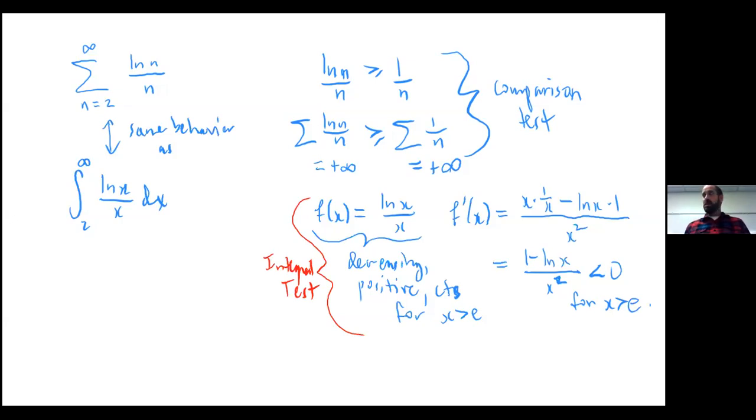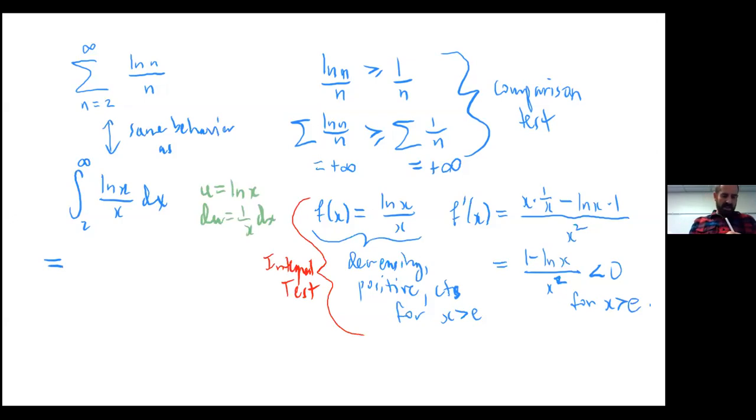U substitution, what am I going to put u equal to? Yeah, if I put u equal to logarithm of x, then du is literally just 1 over x dx. And this thing works out beautifully. So u is equal to logarithm of x, du is 1 over x dx.